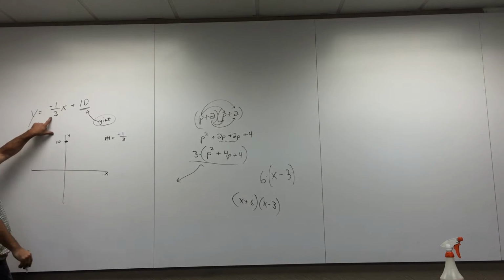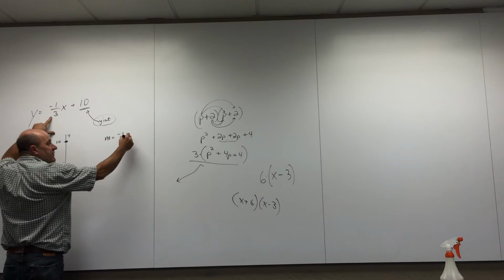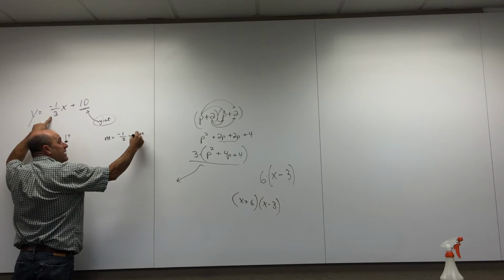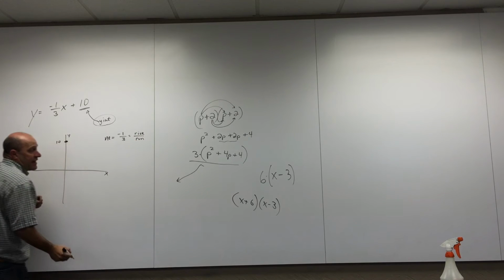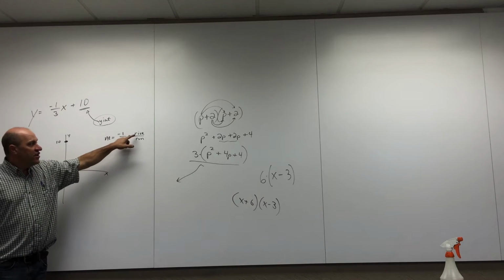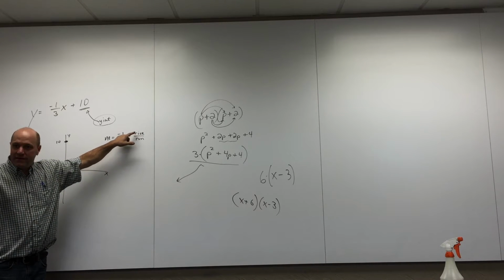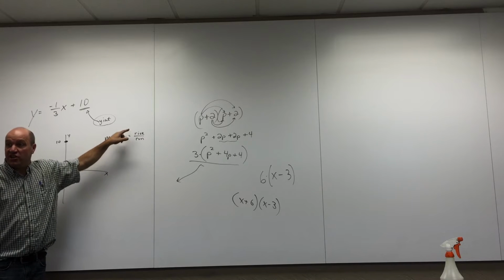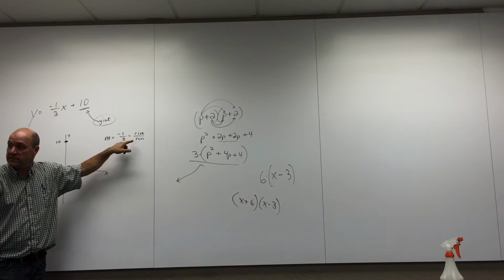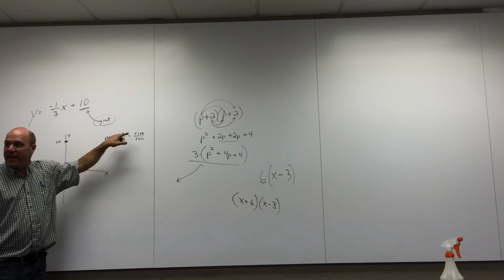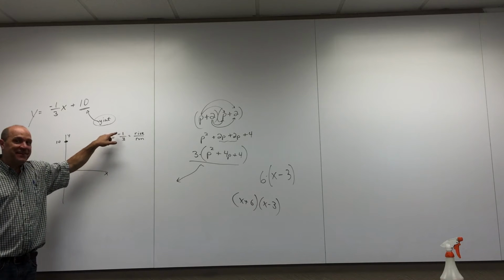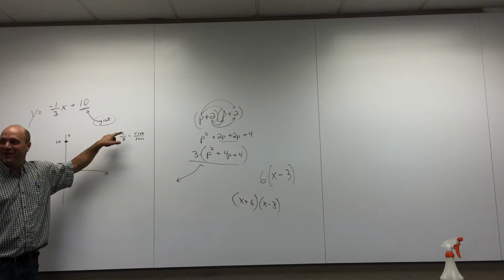The negative 1/3 is the slope. And if we think of that as rise over run, I like to think of it like that. A change in y is a rise. A change in x is sort of a run. That's the concept. And if the rise is negative, then you don't rise, you go down 1.